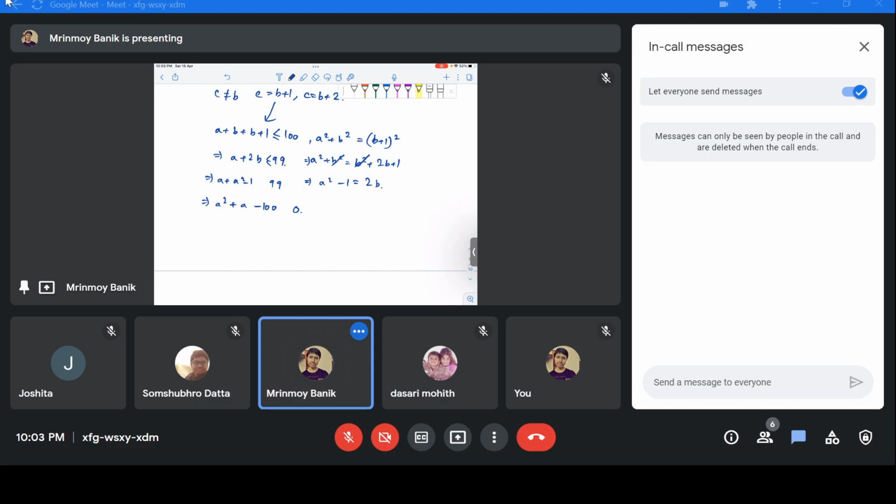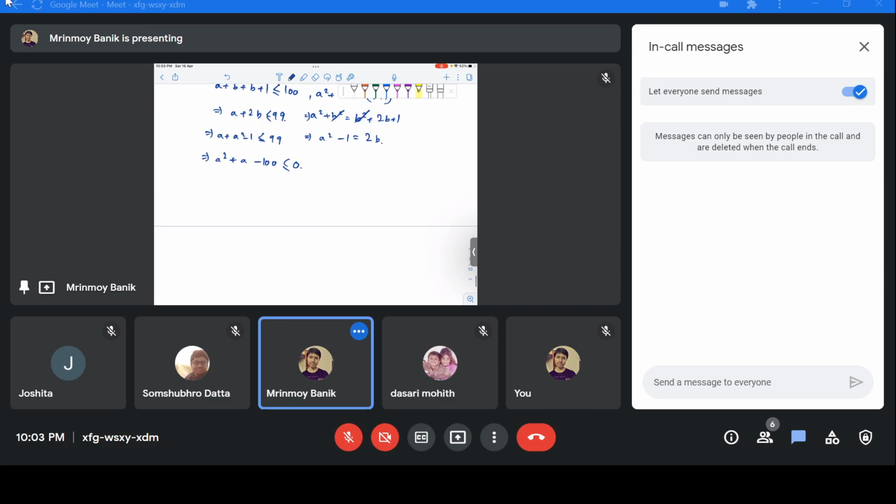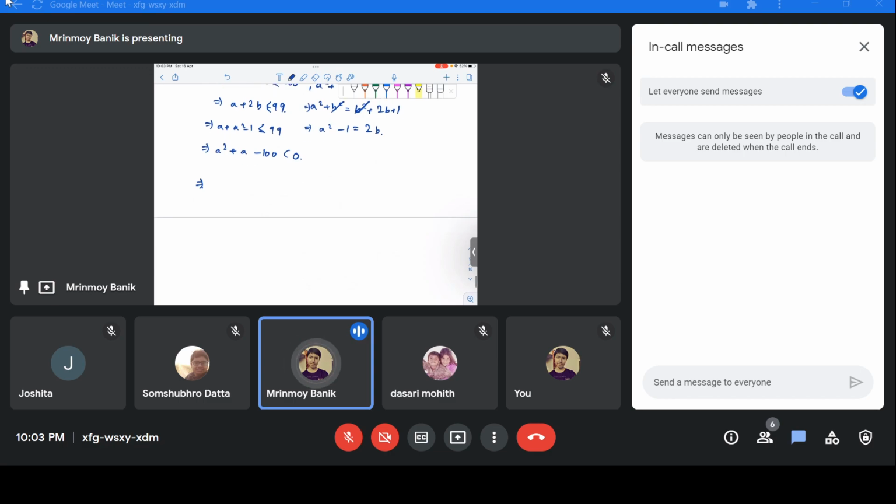No, sorry, it's actually strictly less than that. Okay. So we have the discriminant less than 0. This implies minus 1 plus or minus square root of 400 is... How is that helping?